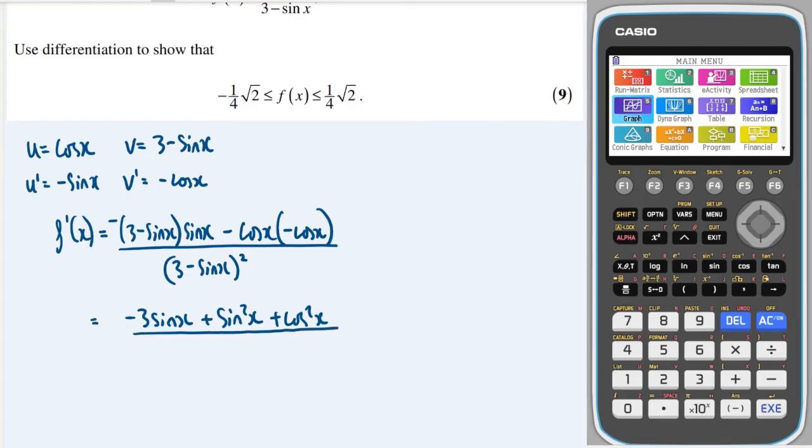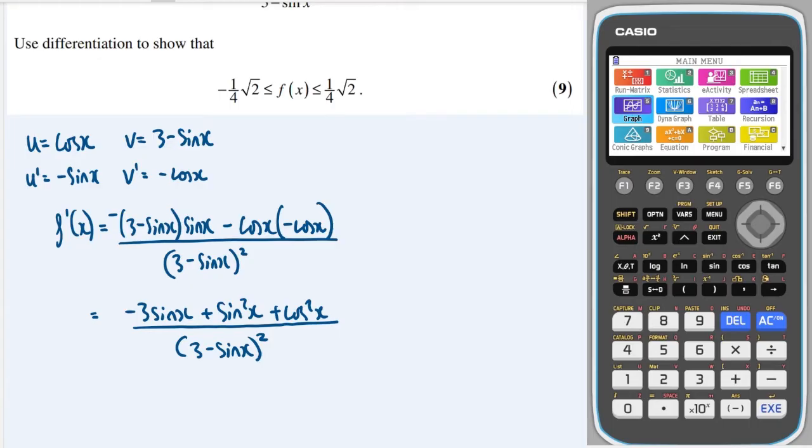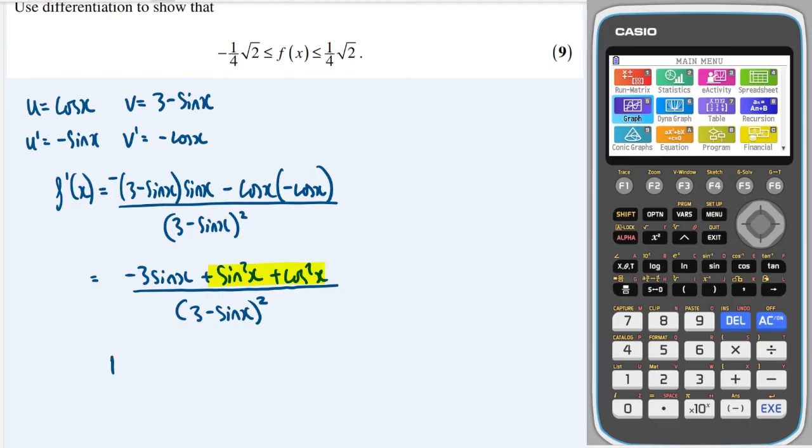And that's all over it again. I don't want to expand this one because it's on the denominator. Okay, we know that sine squared plus cos squared is equal to 1. So we have 1 minus 3 sine x all over 3 minus sine x all squared is equal to the derivative.